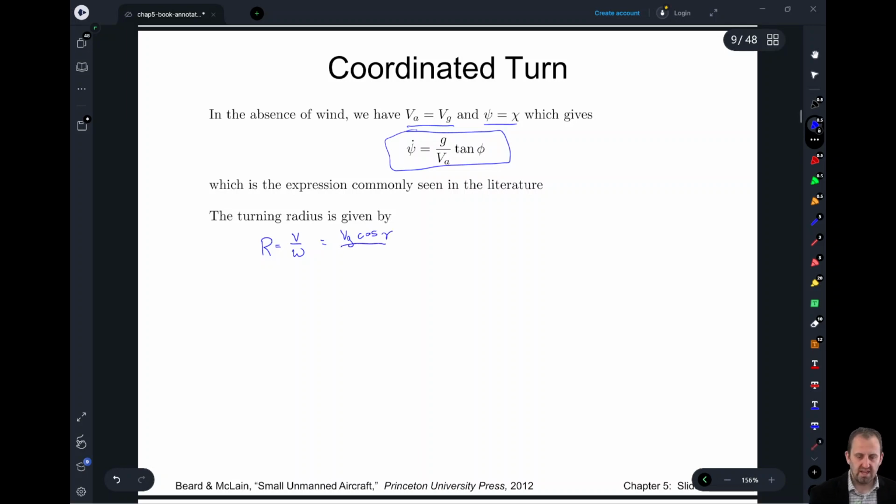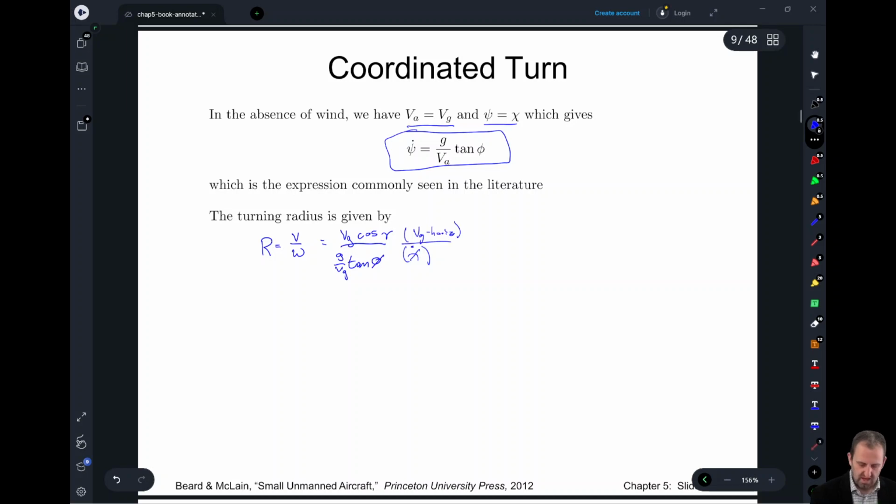And omega in the horizontal plane was just the time derivative of psi, so this is psi dot, which was g over VG tangent of phi.